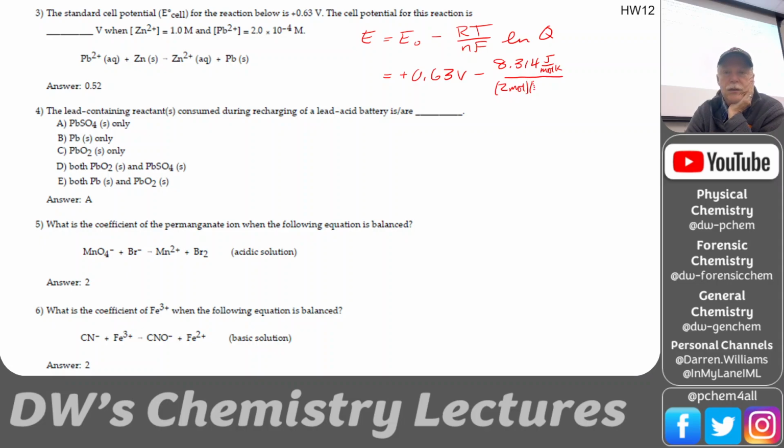And then we have Faraday's constant, 96485 joules per mole volt. It doesn't look like, I guess we just put the number of electrons on there, not the moles, because otherwise we have another unit of moles in there. So we're just using the number. And then temperature, 298 Kelvin.